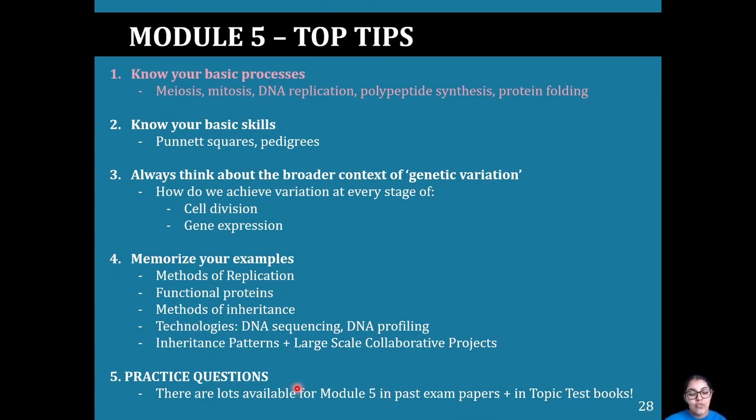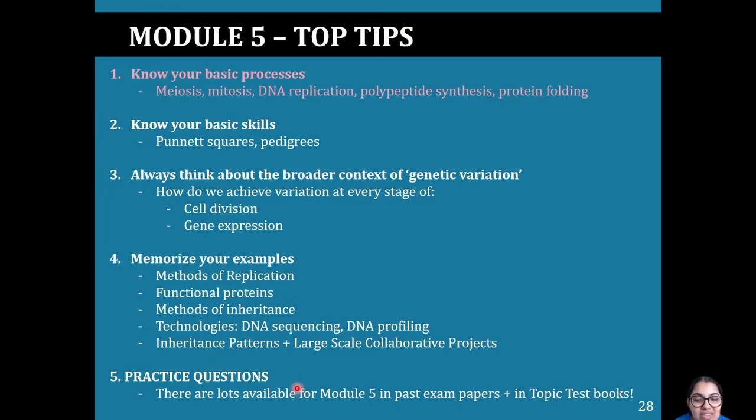Alrighty, in terms of now applying the content, do practice questions. There are lots of practice questions available for Module 5 in the past papers. You just have to figure out which ones link back to the syllabus. Remember, the biology syllabus had a change in 2019, which means you only have 4 years' worth of papers now, counting last year's paper, which is still better than what the class of 2019, 2020, 2021 had.